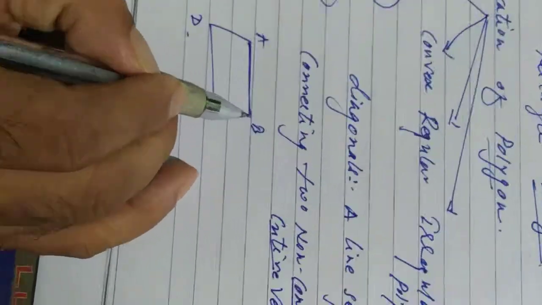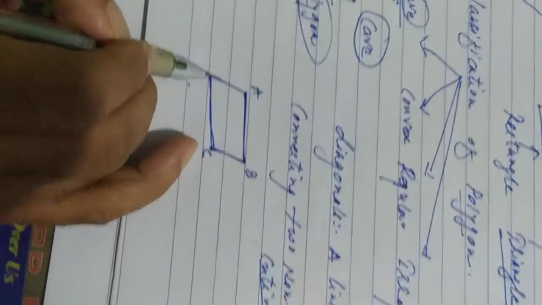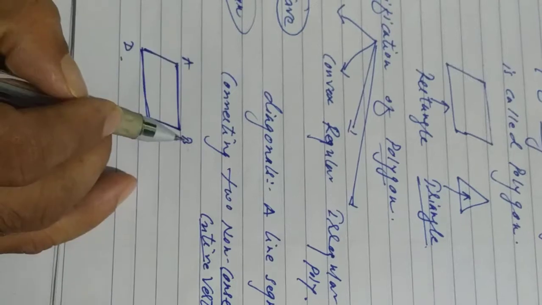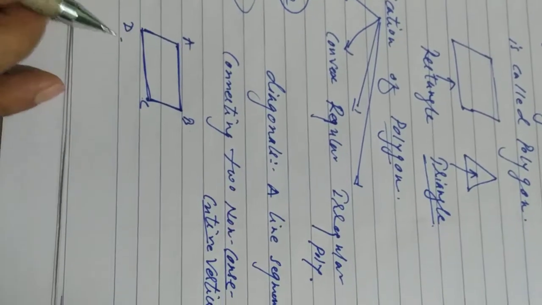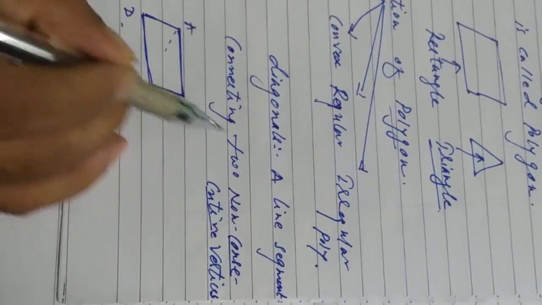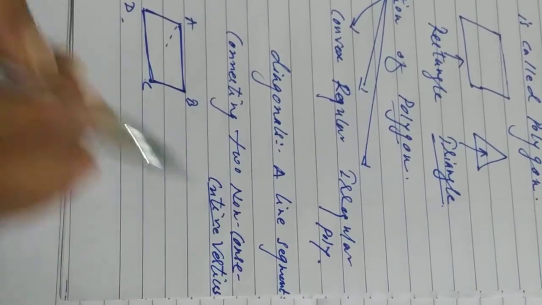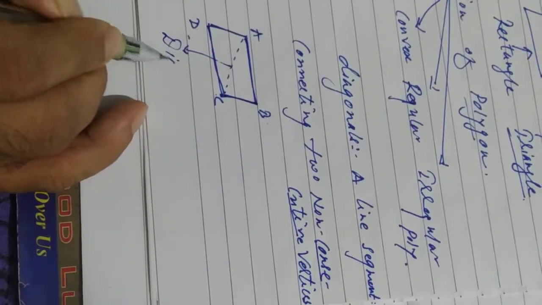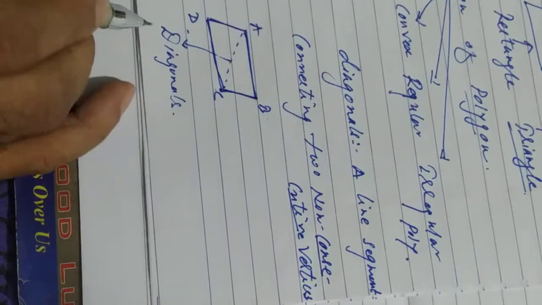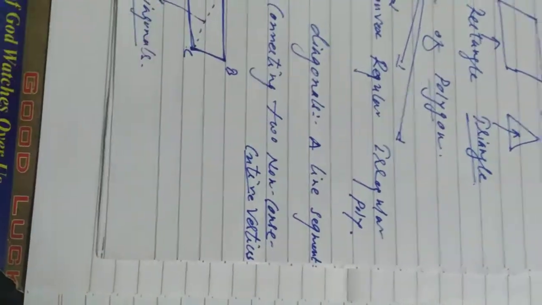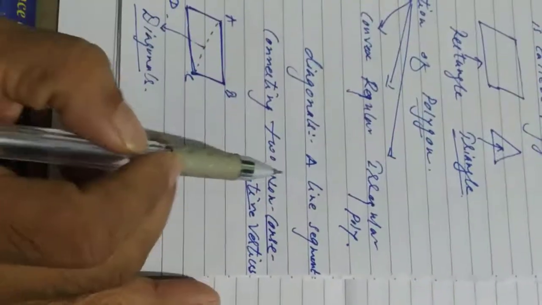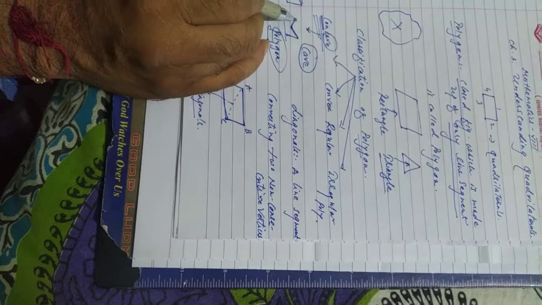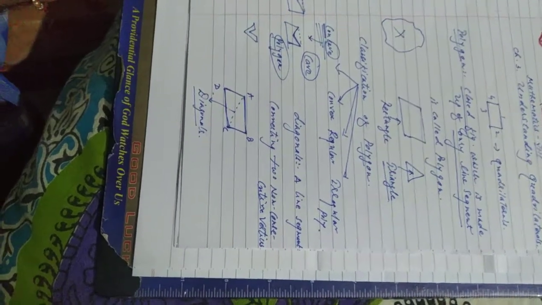So line segment AB, line segment BC, line segment CD, line segment DA, right? So points A and B are consecutive, right? But A and C cannot be. So a line segment connecting two non-consecutive vertices is known as a diagonal. Understood? So here, what do you mean by concave polygon? Its diagonal is exterior, outside.